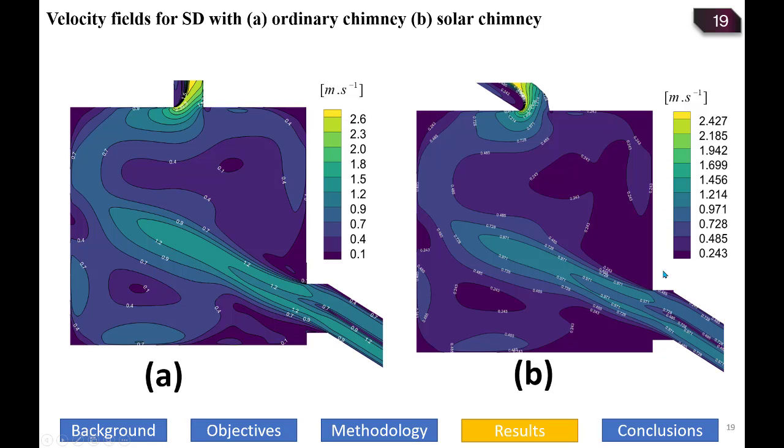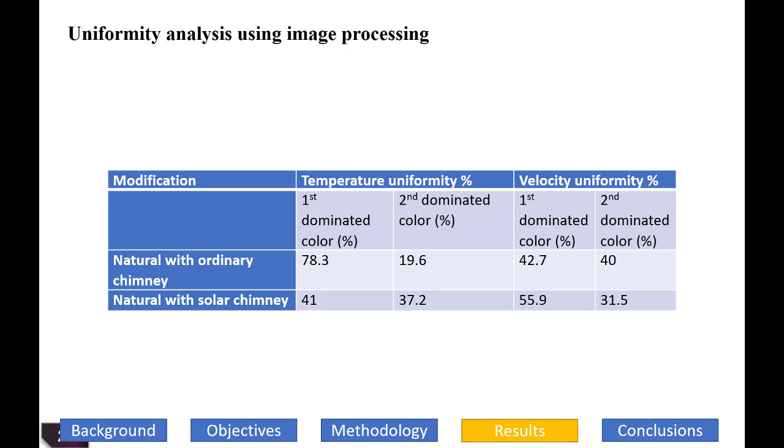However, in the solar dryer with solar chimney, the velocity ranged between 0.2 and 2.4. So there is an increase in air velocity in all this region from 0.1 to 0.243, as we can see here.